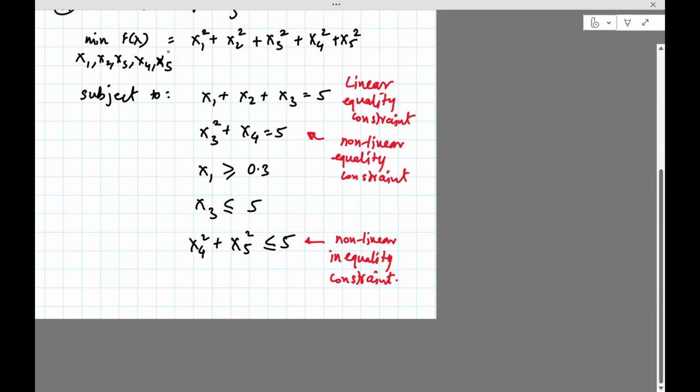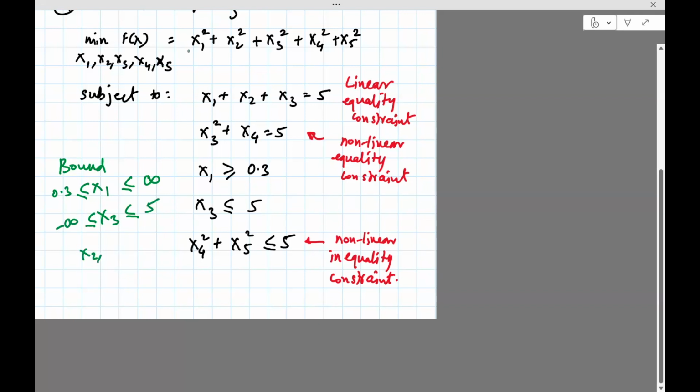But the other way to think about this, and it will make your life easy, is to introduce them as bounds. When you're not given anything for x1 through x5, it means they can range from minus infinity to plus infinity. But if you're told x1 is greater than 0.3, you're going to bound it. Normally it is between minus infinity and infinity, but because the lower bound is 0.3, we'll put 0.3, and for x3 the bound is less than 5, so it could be minus infinity to 5.